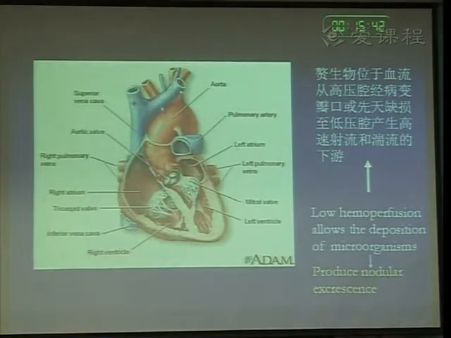Because the low perfusion allows the deposition of the microorganism, that can produce the endocardial insufficiency.